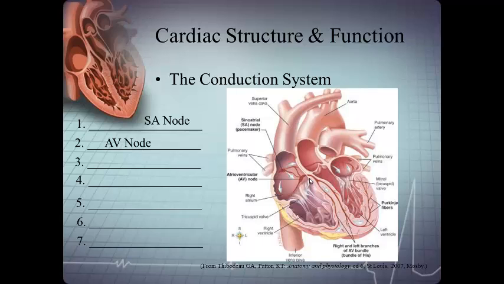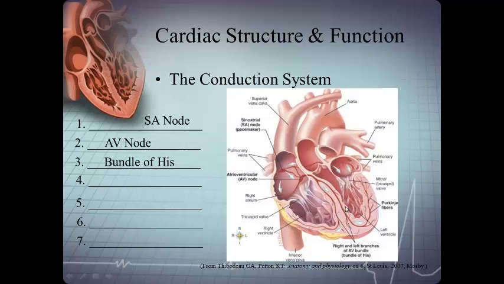Then the impulse travels from the AV node down the intraventricular septum, so the wall dividing the ventricles, via the bundle of His. All of that is the bundle of His. It's named after a Dr. His, okay?